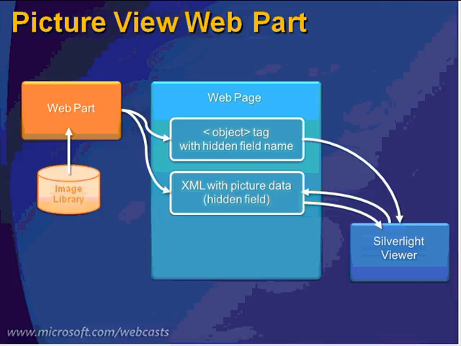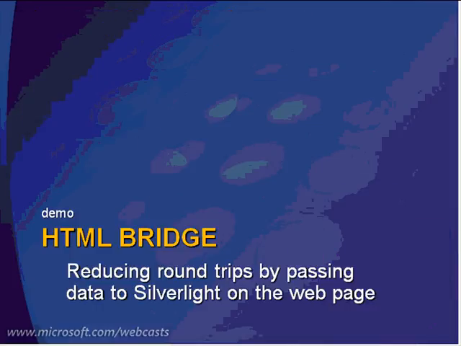It's also going to put a hidden form field containing the URLs of all the pictures to be rendered. We pass Silverlight the name of that hidden field, and then it can use the HTML bridge to read that data in and provide a more efficient UI.